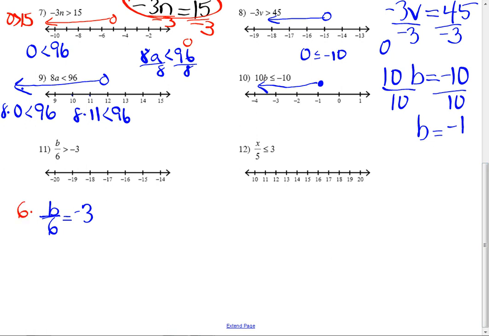So I put a 6 here, and I put a 6 here, and somebody in the back said negative 18. So there it is. Do I get to include negative 18? No. Now, what's the easiest number you can put in there, George? What's 0 divided by 6? It's 0. Why do you think I chose 0? It's easy. Is 0 bigger than negative 3? Yes. So we shade that way.